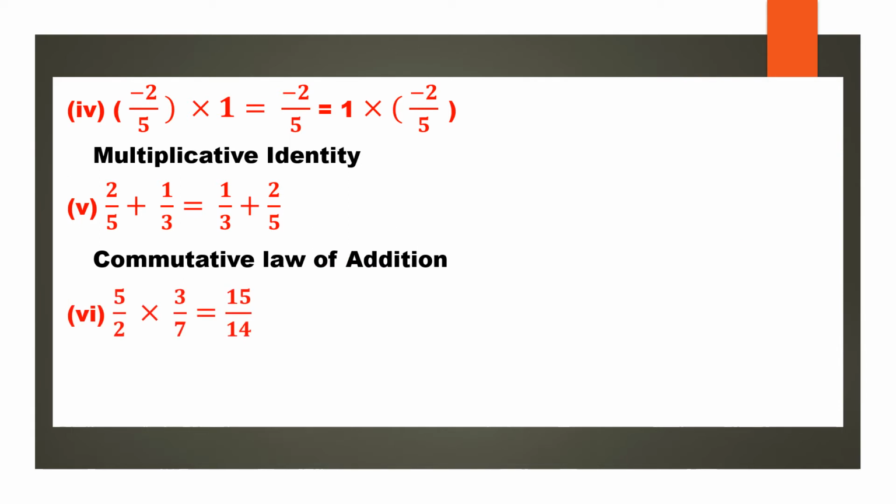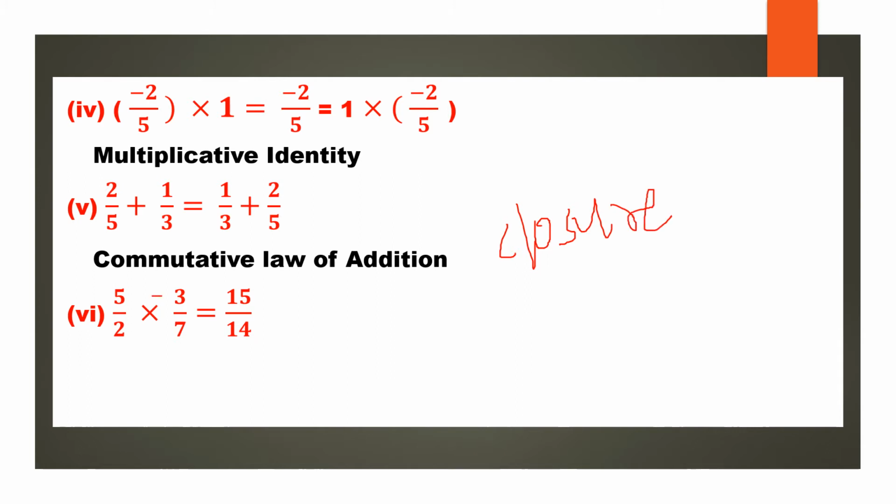5 by 2 into 3 by 7 equal to 15 by 14. Here he didn't use any property, he just multiplied the numerators, 5 into 3 is 15, because the into symbol is there in between, and 2 into 7 is 14. Whenever simplification is done, that property is called closure.